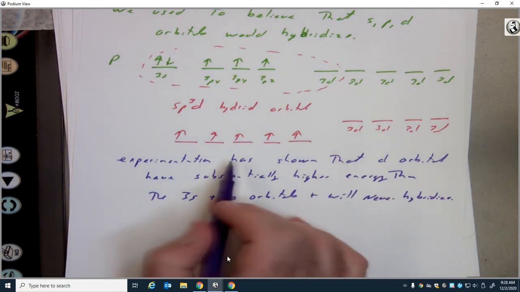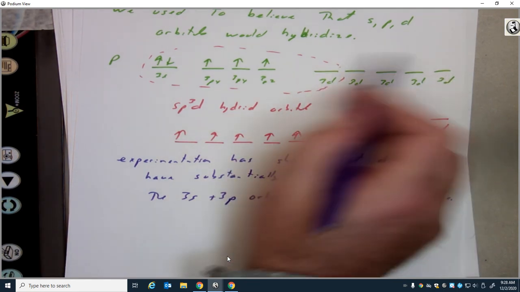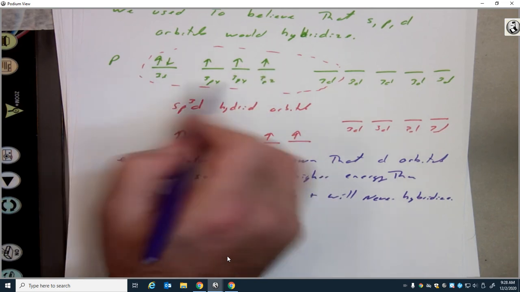Okay. It won't happen. So these d orbitals have a lot more energy than these guys.